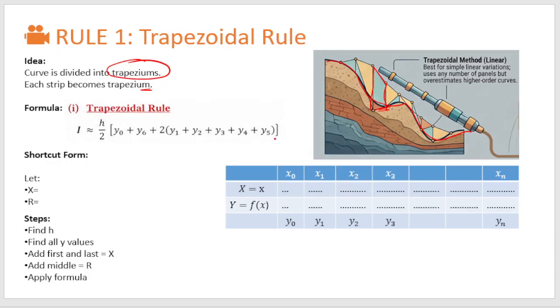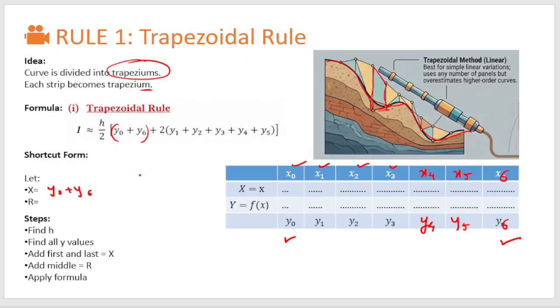What is the formula? Here I'm going to restrict the data to x0, x1, x2, x3, x4, x5, until x6, with corresponding y0 to y6. So the first value is y0 and the last value is y6. Here X is the sum of extreme values, which is y0 plus y6. I'm going to tell you the trick to remember this formula.